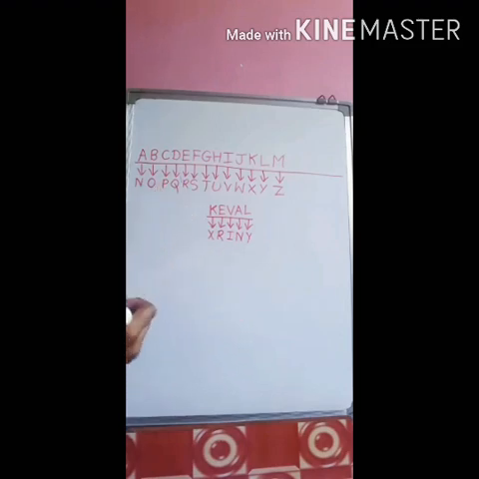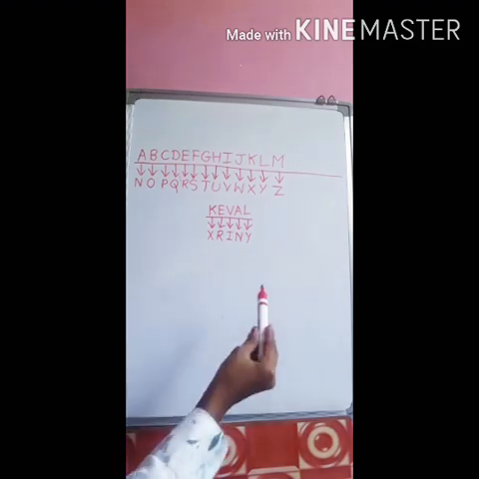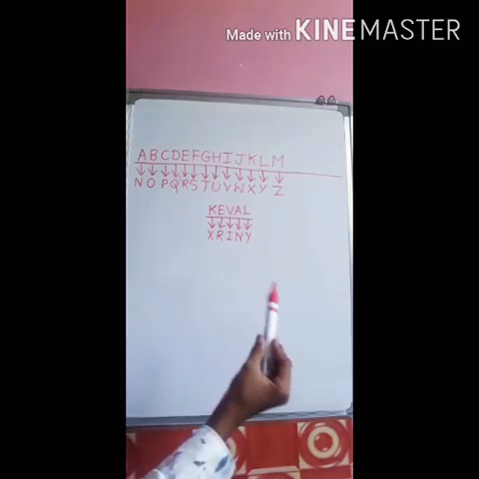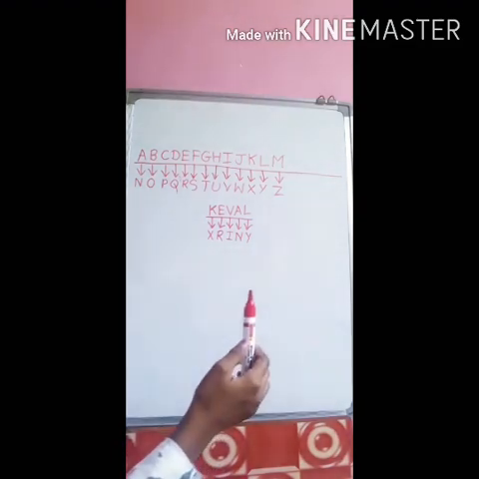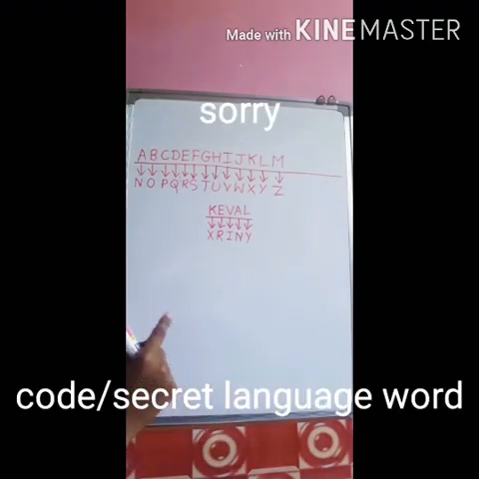Now friends, I will write a question here. I will write a word in code language. In comments you have to tell me what is the meaning of the code, not cold, it's code language word.